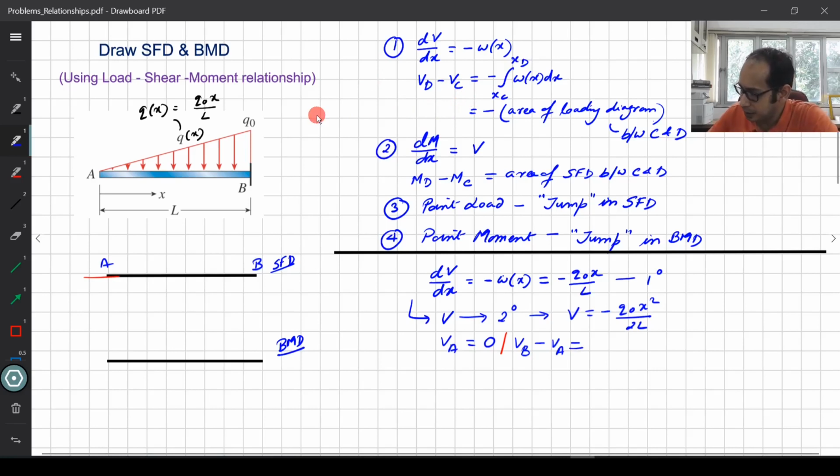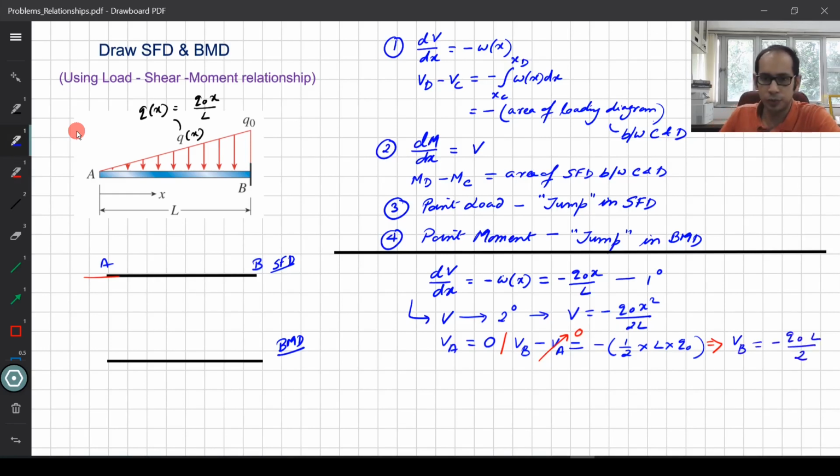And that is the negative of half times L times Q naught. Now I know that my VA is 0. So that gives me that my VB is equal to minus Q naught L over 2. So at B, I am going to have Q naught L over 2 negative. I'm drawing in the lower half, so I'm not marking the negative sign.